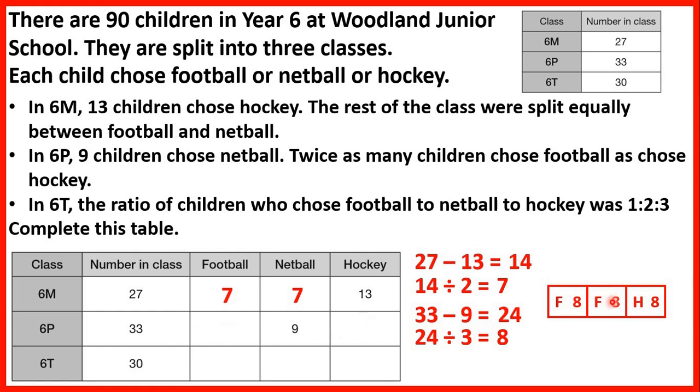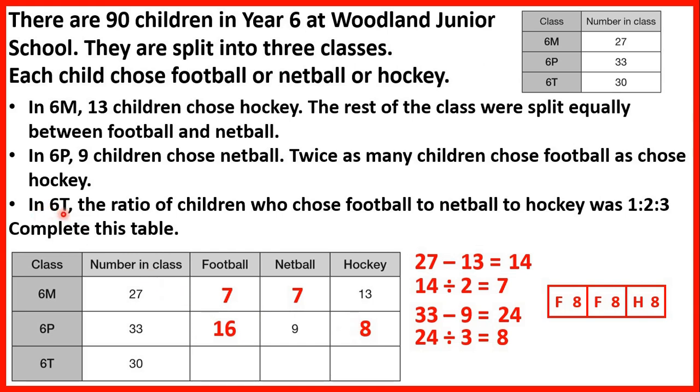Now twice as many chose football, so 2 times 8 is 16, and that means 8 children chose hockey. Twice as many chose football because 16 is 2 times or twice 8.